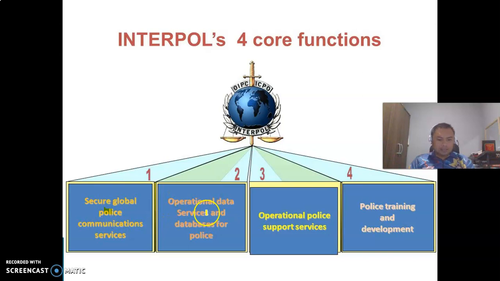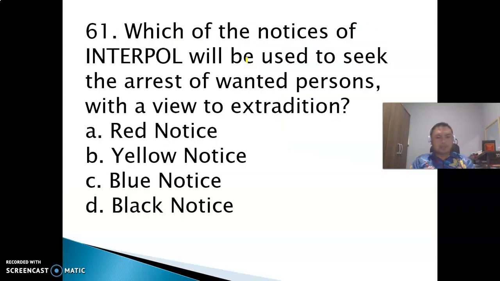Operational Data Services and Database for Police. Operational Police Support Services and Police Training and Development. So, yan yung Interpol four core functions. Yan. So, you try to familiarize the four kasi lumabas na yan sa board exam.